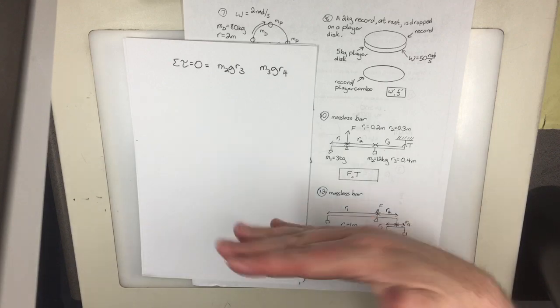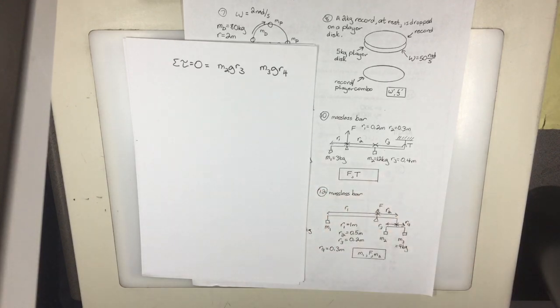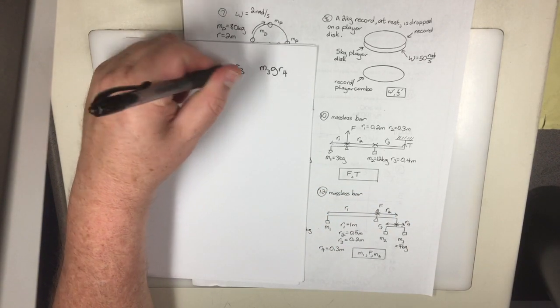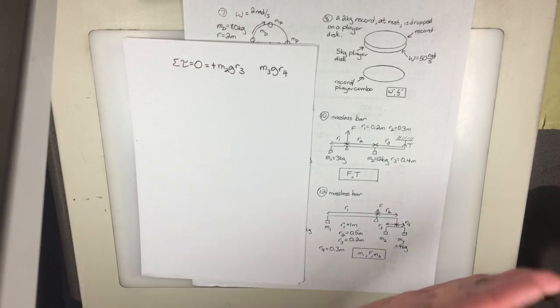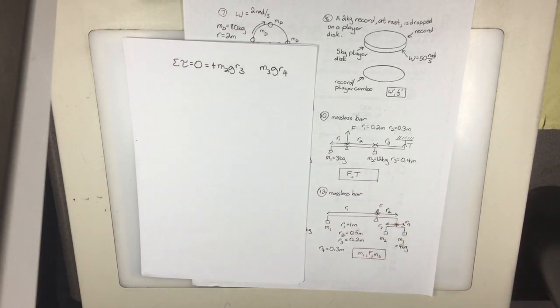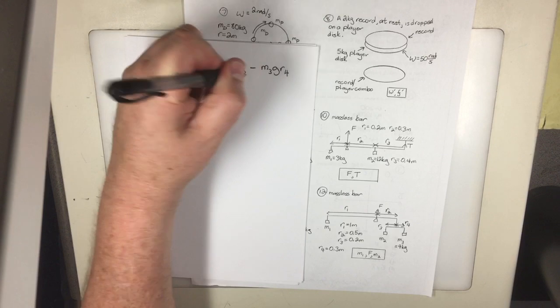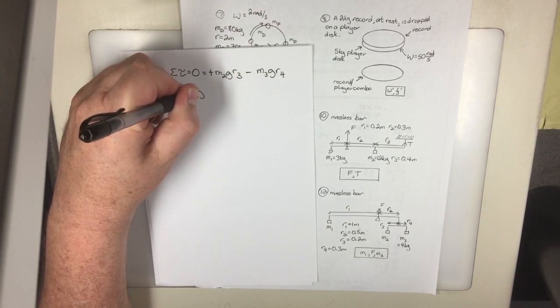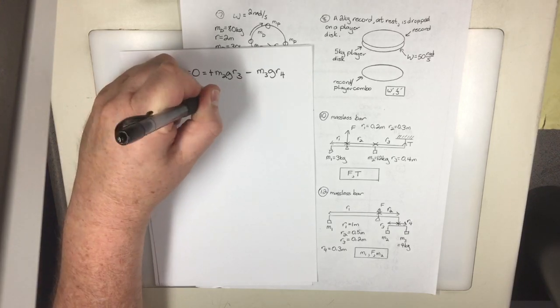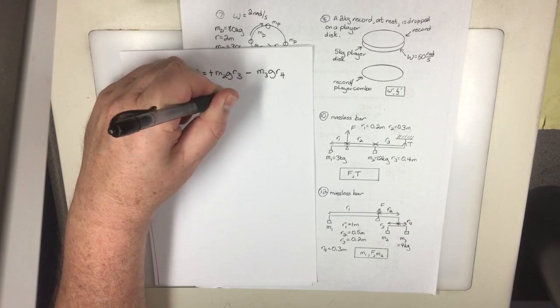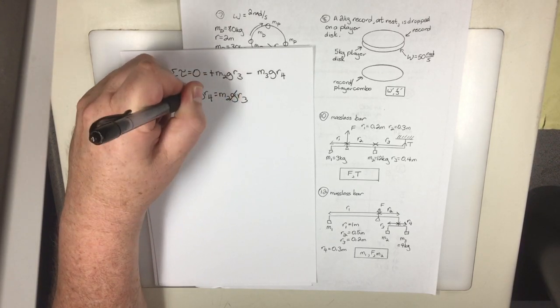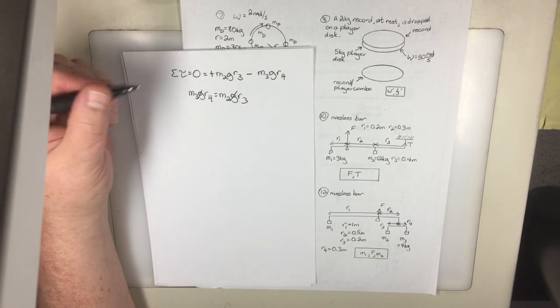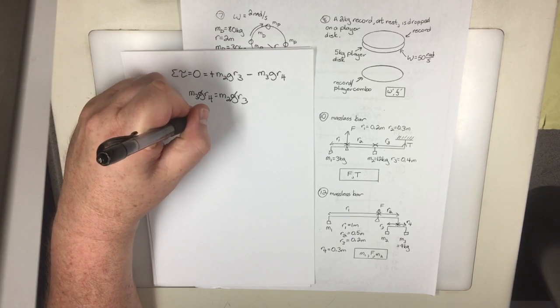That force is to the left of the rotation point and down, or positive. That one is to the right of the rotation point and down, or negative. So this becomes M3GR4 equals that. The G's cancel. I'm looking for M2.